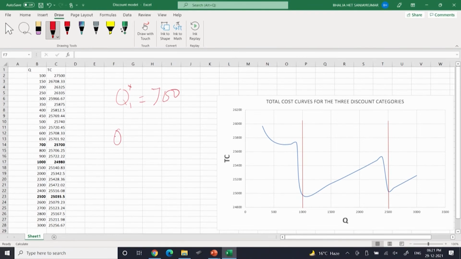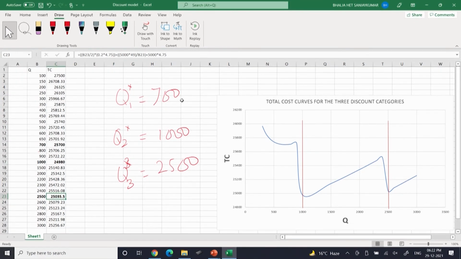The Q2 was 1000 units. When I increase the ordering quantity, for example, when you click on C15, you see the total cost we got. The Q3 star was 2500. If you see the formula in C23, as usual we have written the annual holding cost plus ordering cost plus annual purchasing cost.